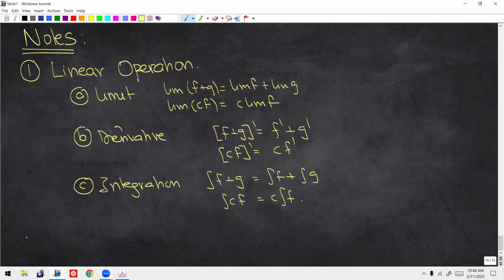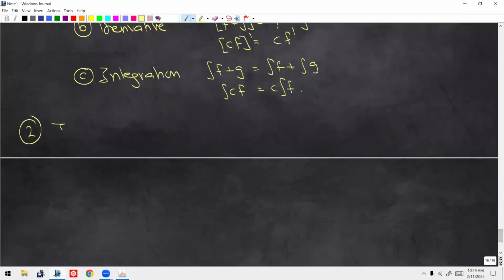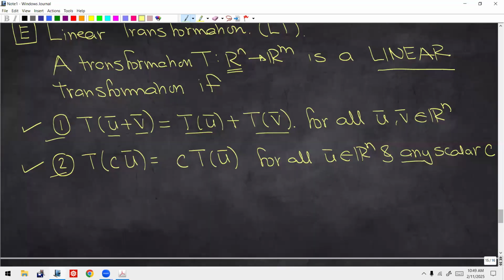The next thing I want to point out here, when you look at the two properties they've given you, what will happen if C is 0 in the second condition? Remember, C is any scalar, so C can be 0.